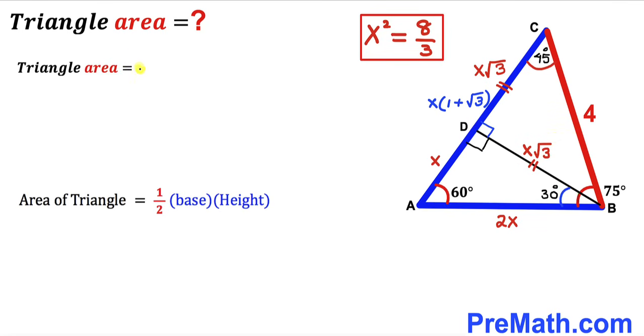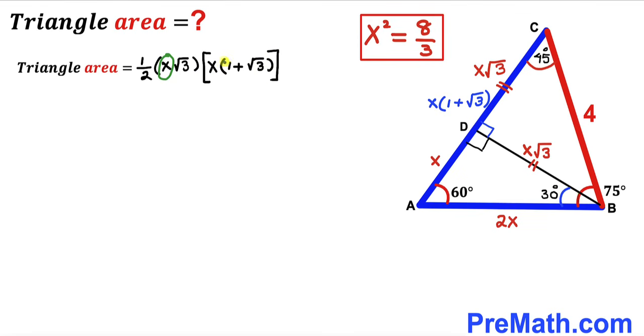So our triangle ABC area is a half times x times the square root of 3, and then times x times 1 plus the square root of 3. Now x times x gives us x squared, so we can write this as x squared times the square root of 3 divided by 2 times 1 plus the square root of 3.